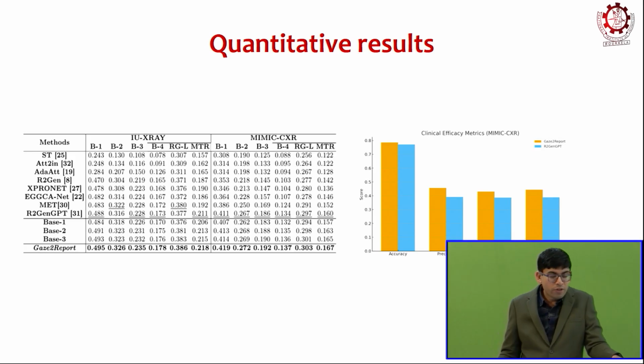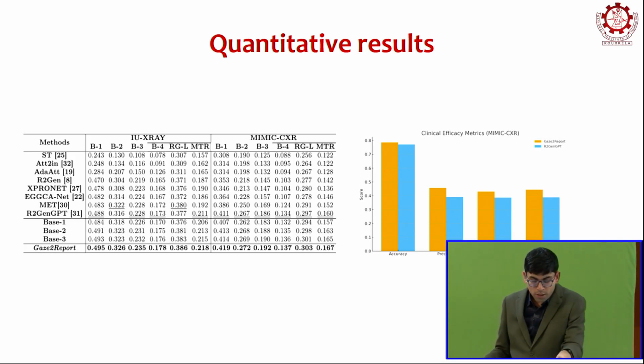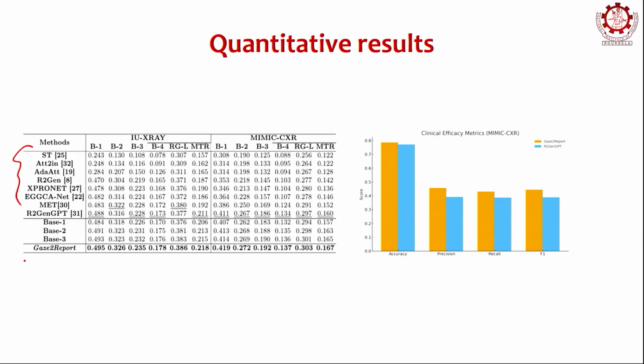So by doing that, we actually saw that compared to all of these different models, our gaze to report model was able to generate better reports because it actually saw the eye gaze of radiologists, but the other models don't really see the eye gaze of the radiologist.